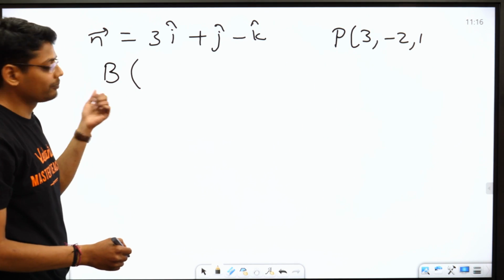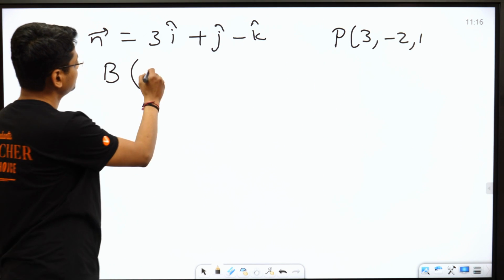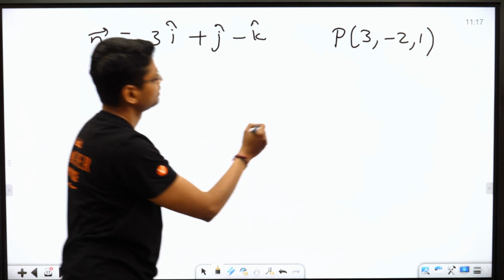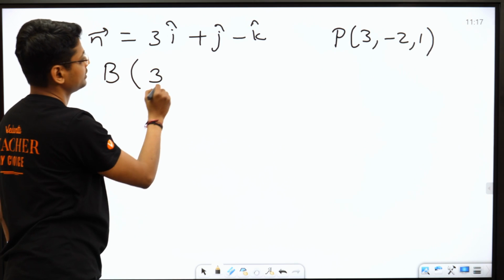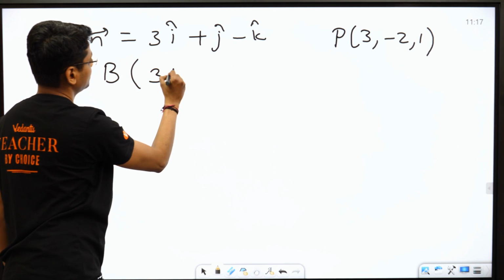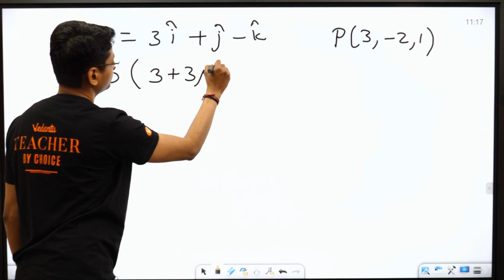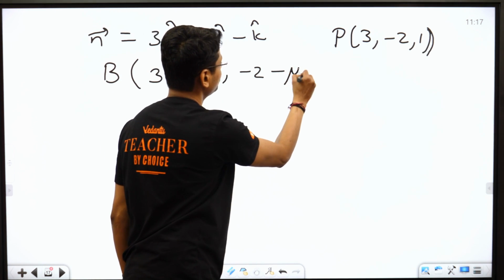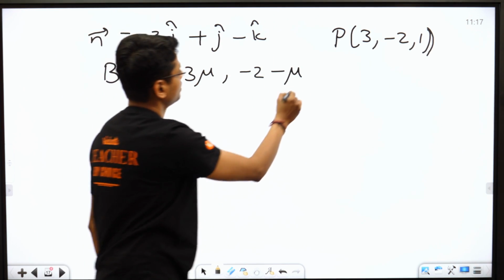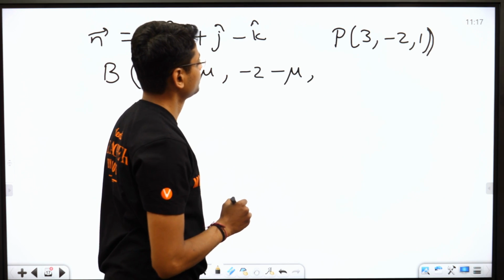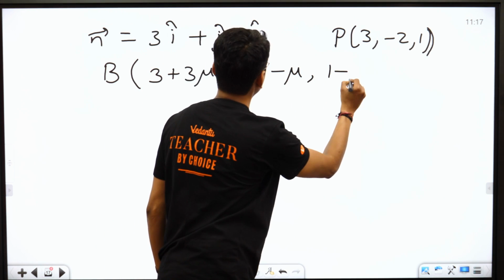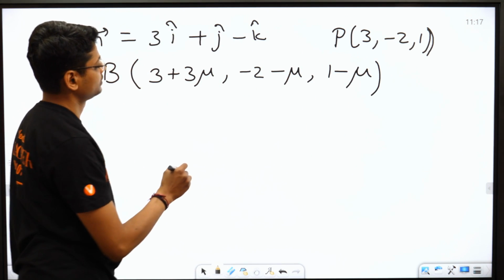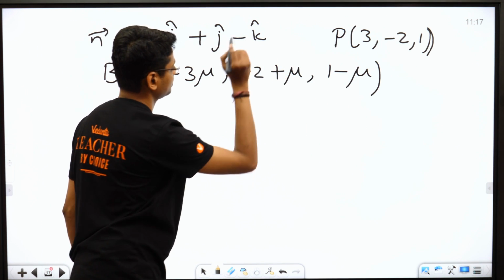So I can assume the foot of the perpendicular to be (3 + 3mu, -2 + mu, 1 - mu). All right, this is plus actually.